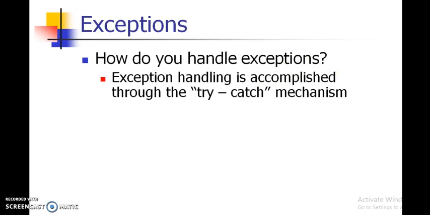So in order to handle these exceptions, there should be some mechanism wherein the user will get an appropriate message that an exception was raised and the program execution continues. That is achieved by exception handling through a mechanism called the try and catch mechanism.